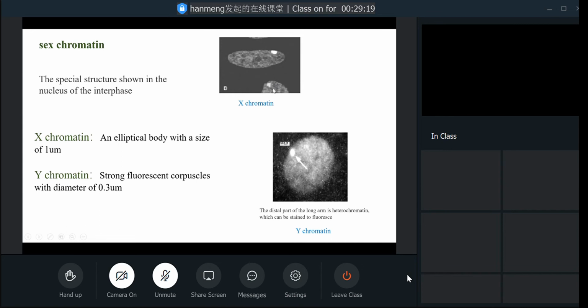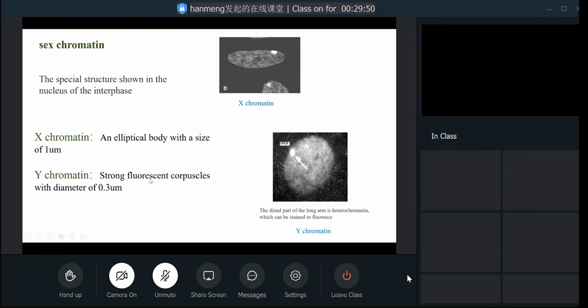It is in a chromatin state during interphase. In our first experiment, we also learned how to observe the bar body, also known as X chromatin.